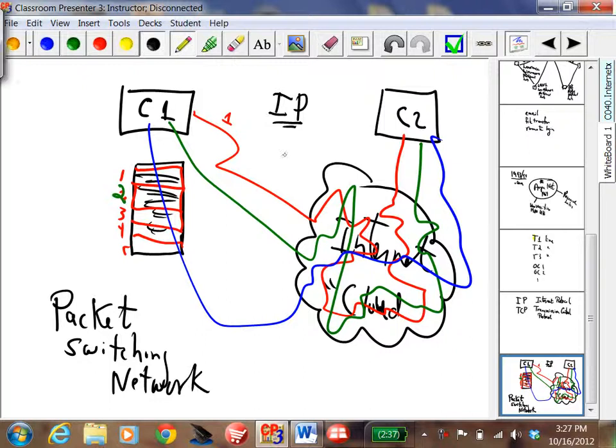TCP basically puts the packets back together. On the one end, it creates the packets. On the other end, it puts the packets back together, so that the person over here actually gets the email message.